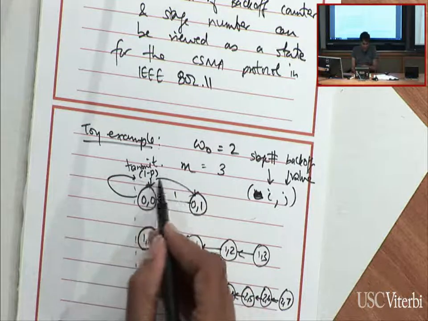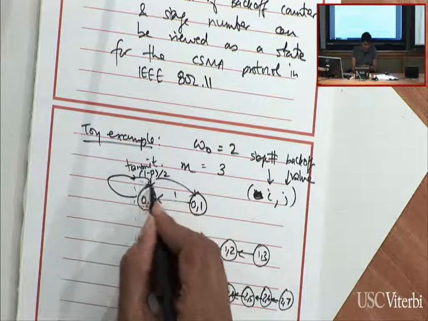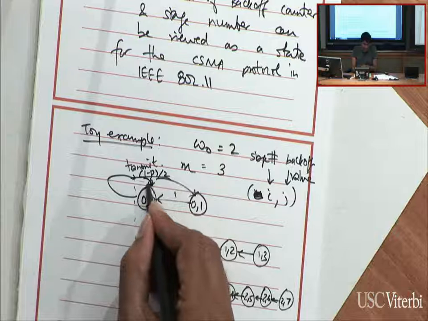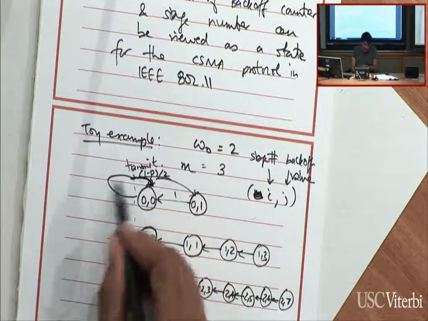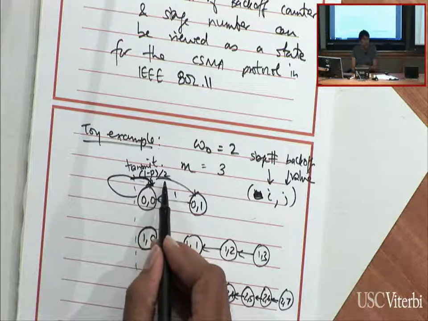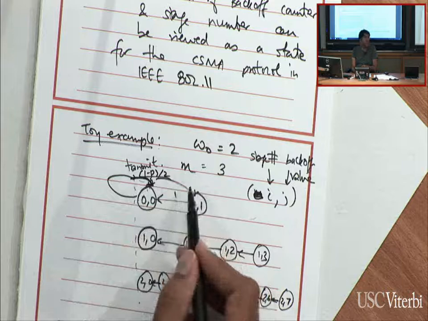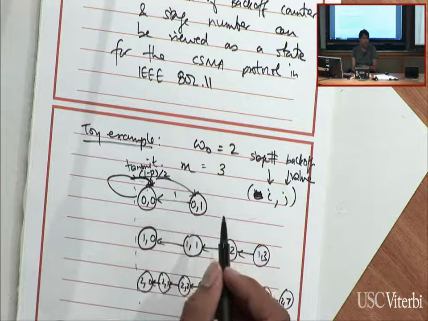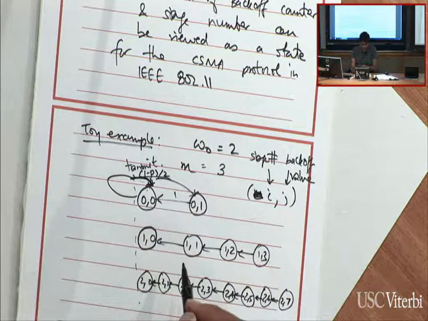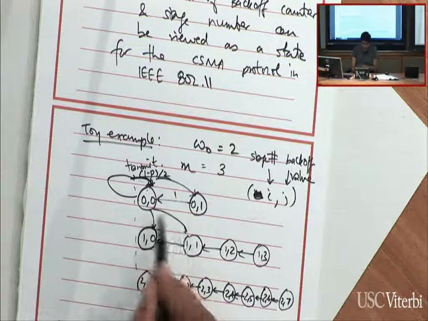That's exactly half for each of these two cases. So each of these two arrows transitioning out from here will have a probability (1 minus P) over 2. Okay, there's (1 minus P) over 2 here, (1 minus P) over 2 here. Together, they add up to 1 minus P. They're all the cases that the transmission was successful. If you have a collision, what you end up doing is you go to one of these states.